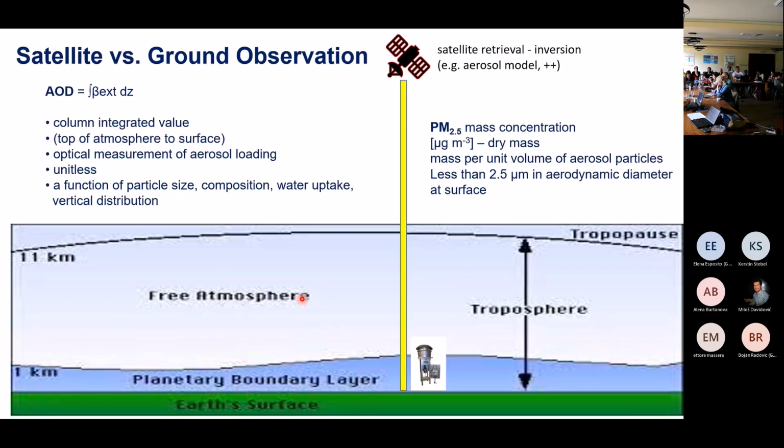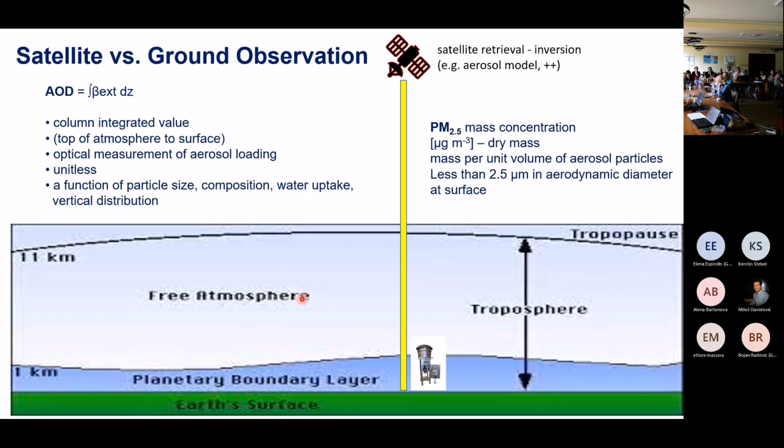But you have to be clear that you want to get an estimate of PM, which is measured mostly in the dry phase, while the AOD is an ambient quantity. The AOD is the total column, from the ground to the top of the atmosphere.